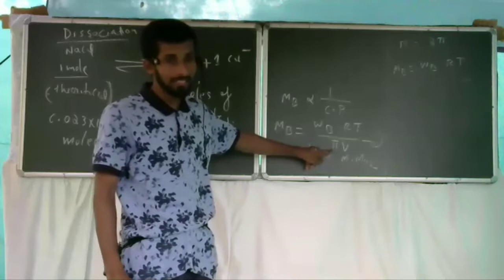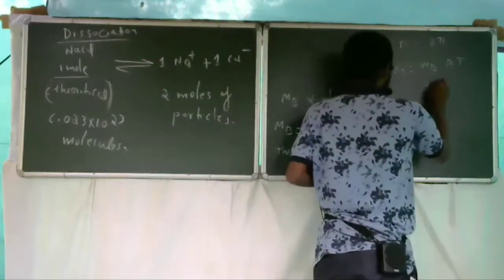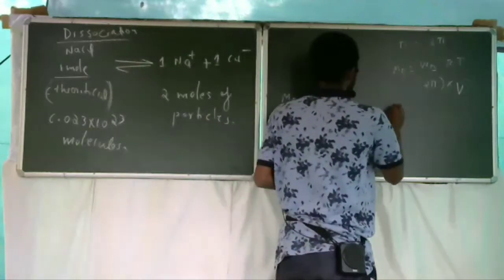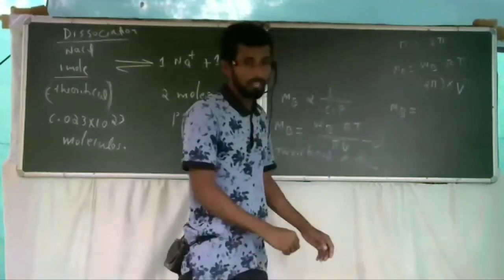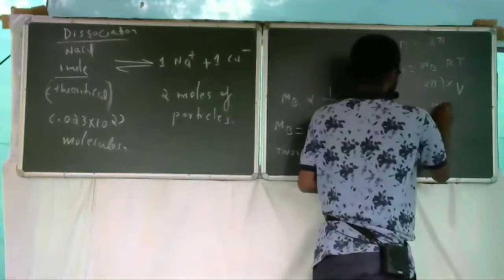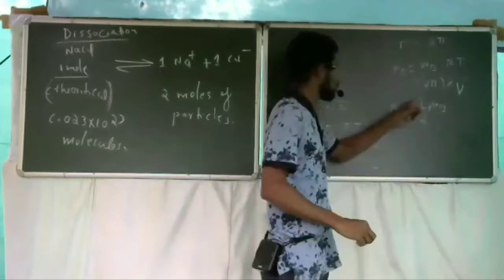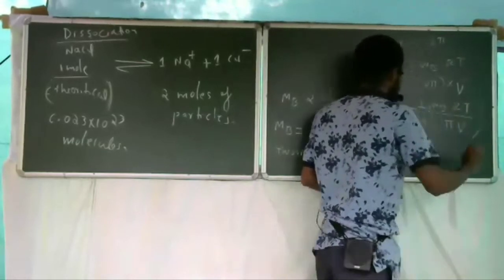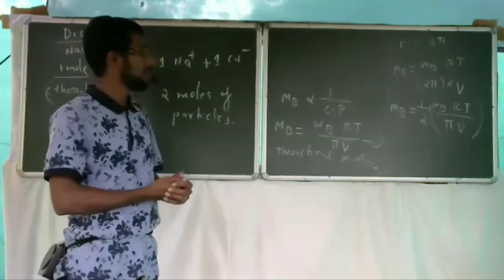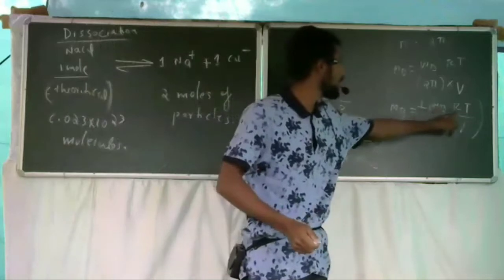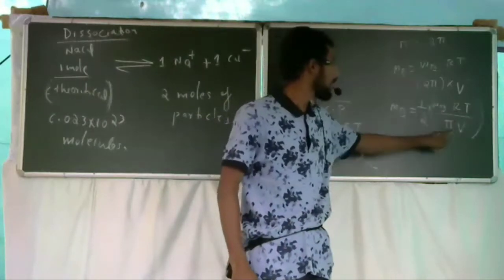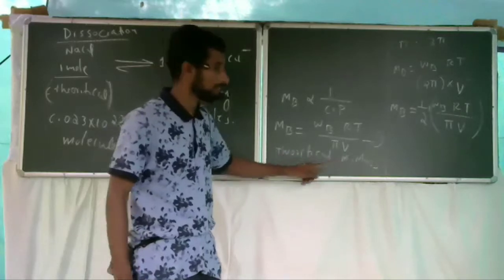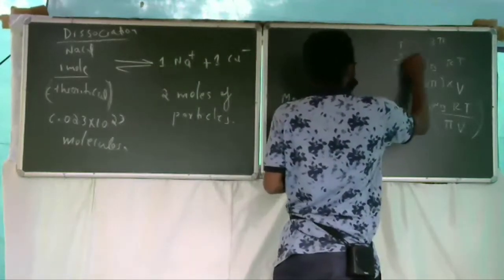Theoretically we have pi, but experimentally it becomes 2 pi into V. So Mb equals half of WBRT divided by pi V. WBRT divided by pi V is nothing but the theoretically calculated molecular mass, and this Mb is the experimentally calculated molecular mass.